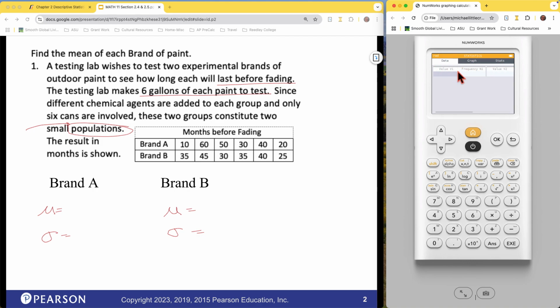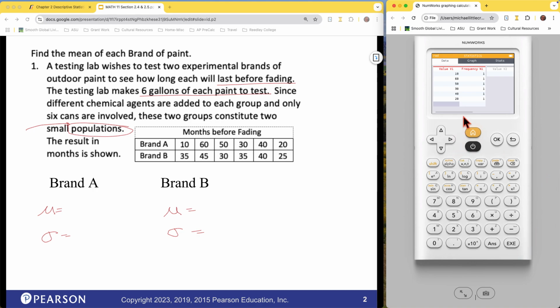We're going to go to data, which is highlighted already, and we're ready to put in value 1 and frequency 1. So we put in 10, and execute will put it in. It automatically puts in a frequency of 1. If we had more of them, we could change that, but we're just putting in a list of data, so we're just going to enter the numbers this way: 50, execute, 30, execute, 40, execute, and then 20, execute.